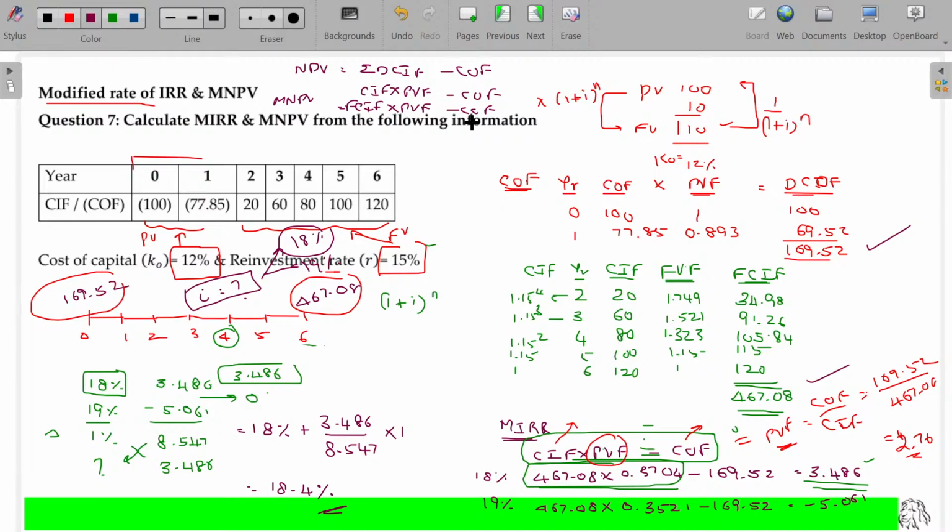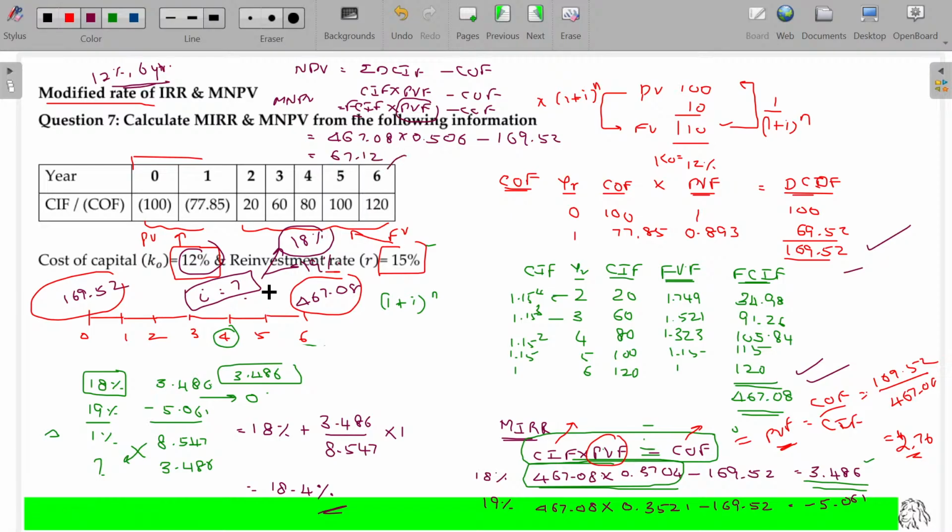The future cash inflow in this case being 467.08, PV factor at the rate of 12% for the sixth year. Get me the PV factor for the sixth year: 0.506. Cash outflow in this case being 169.52.